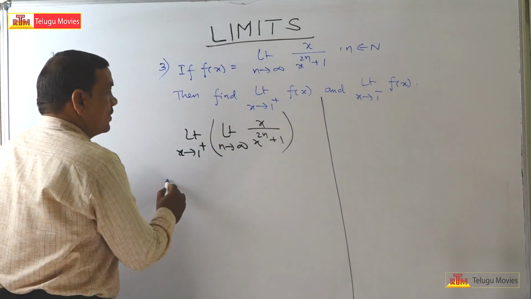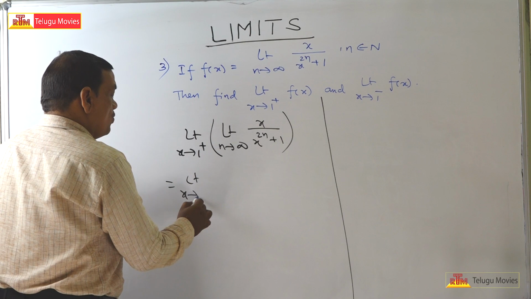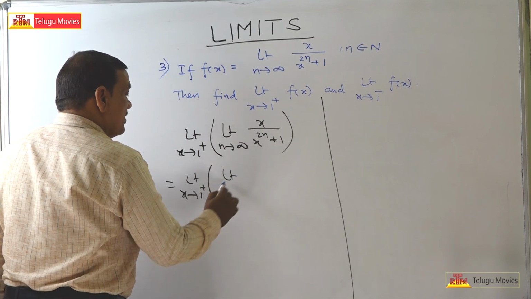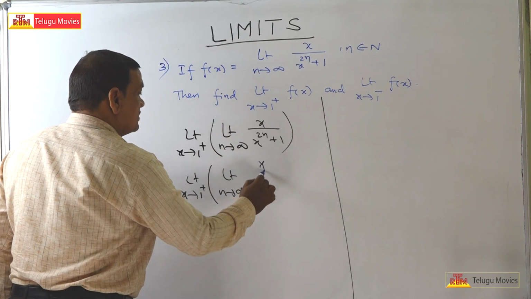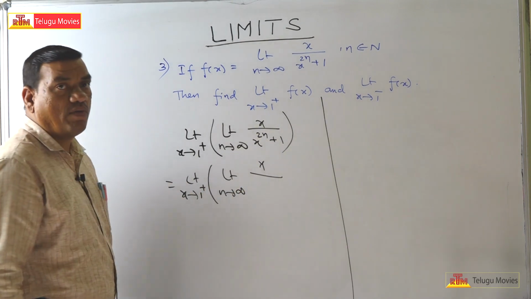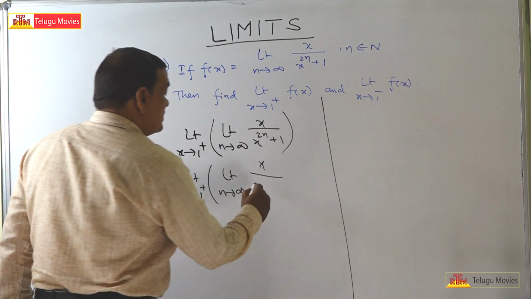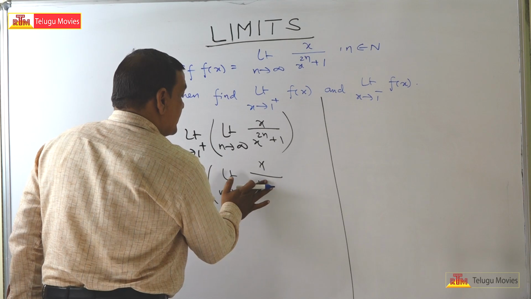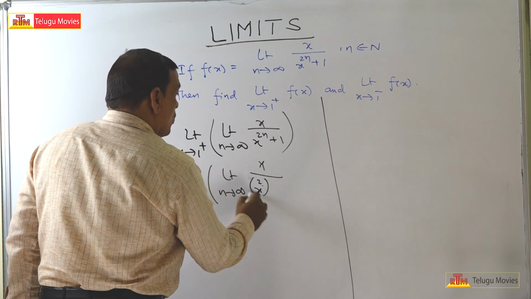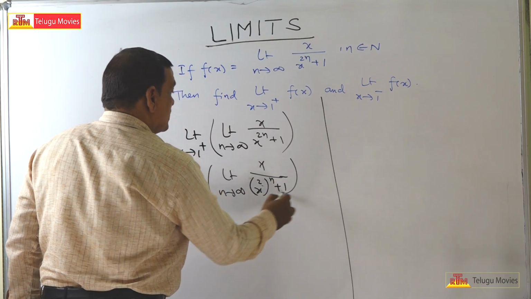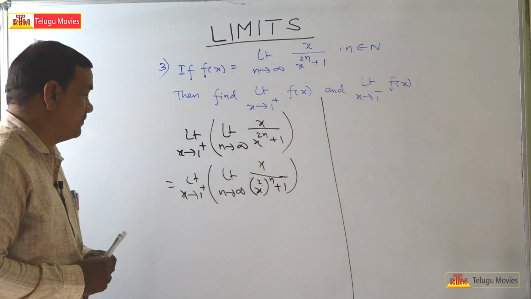Okay, right. Limit x tends to 1 plus, again limit n tends to infinity x upon x power 2n plus 1. I will write it as x square whole power n plus 1.